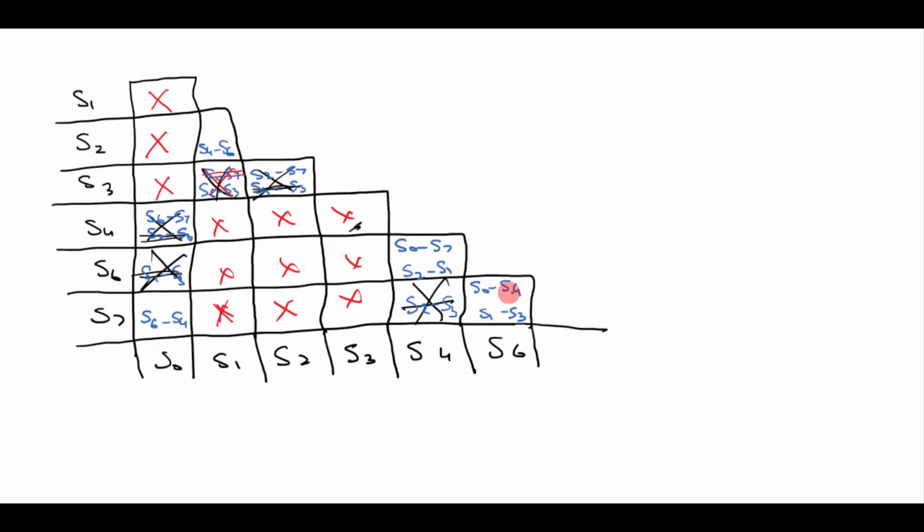Let us check the last entry of this triangular table. Here S0 and S4, we have put a cross here. These two states cannot be equivalent. Same is the case with S1 and S3. So these two states S7 and S6 cannot be equivalent.